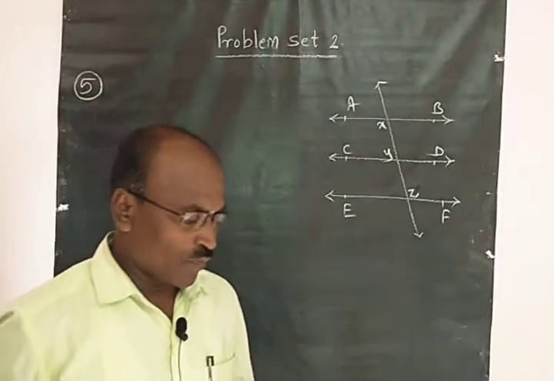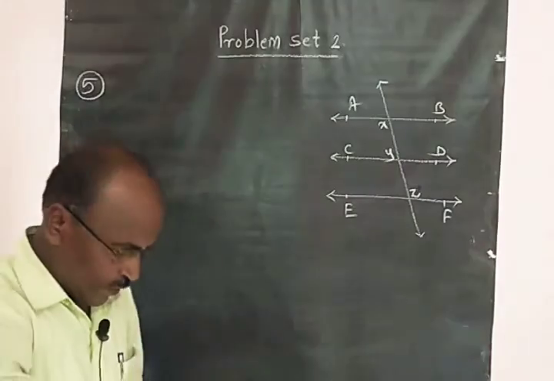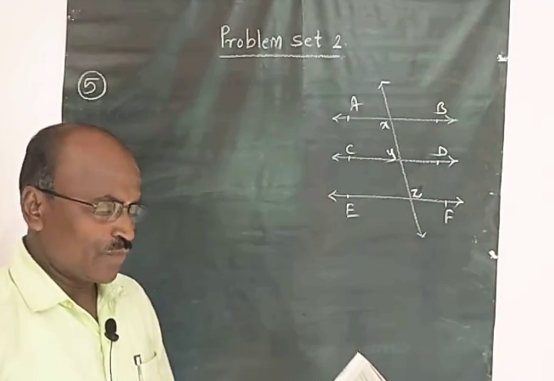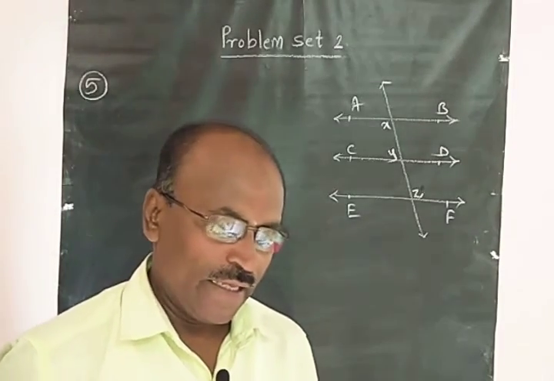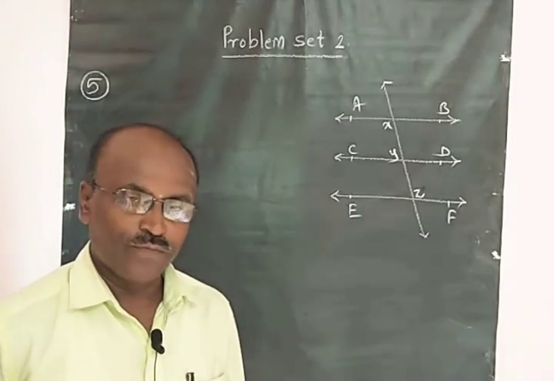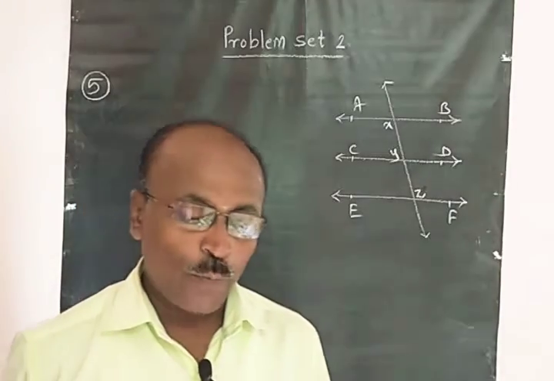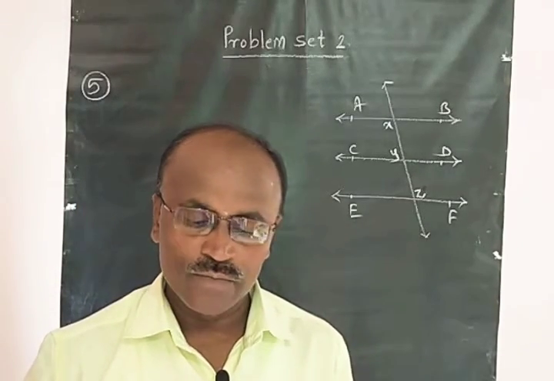Now look at the fifth example. Here line AB is parallel to line CD, which is parallel to line EF, and line QP is their transversal.